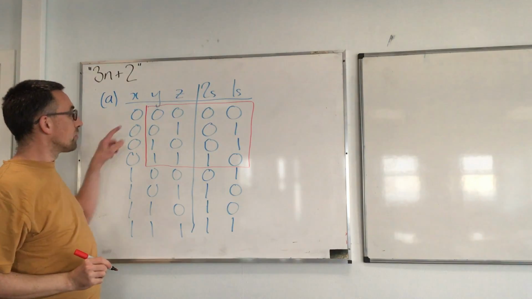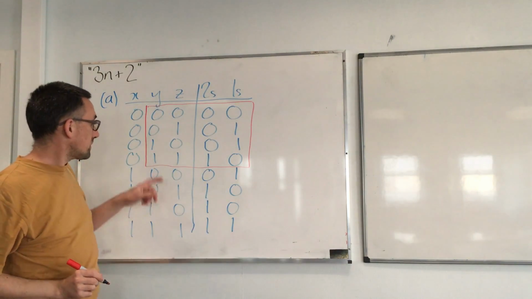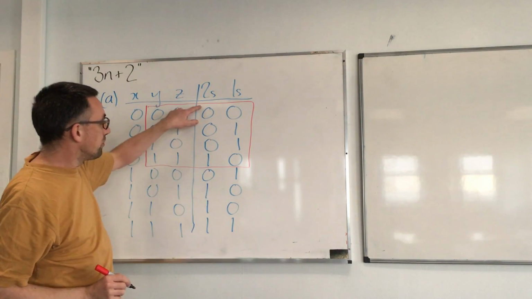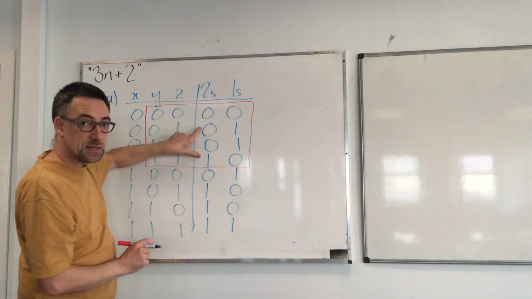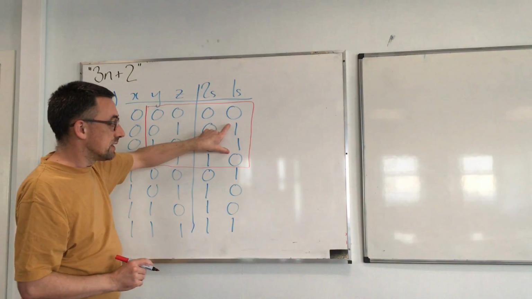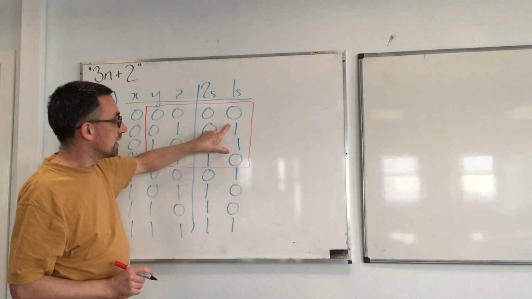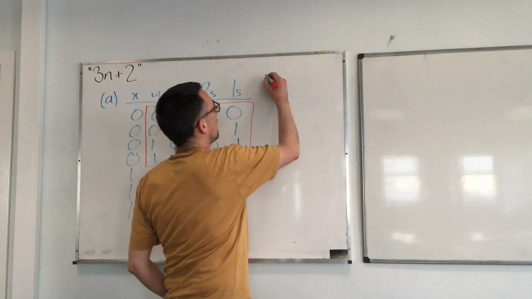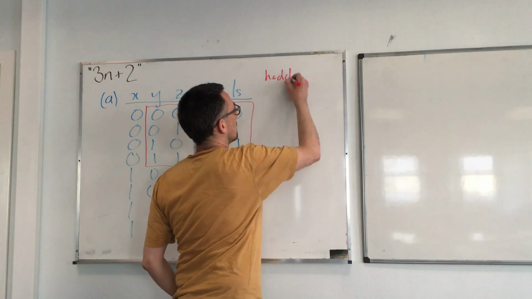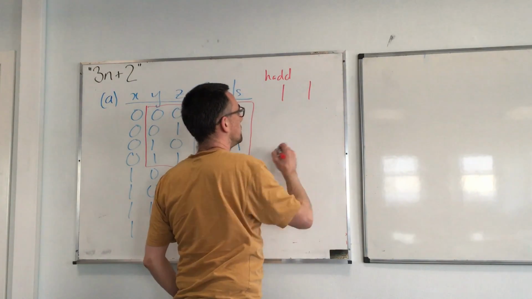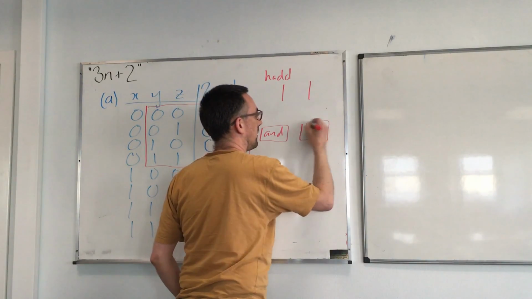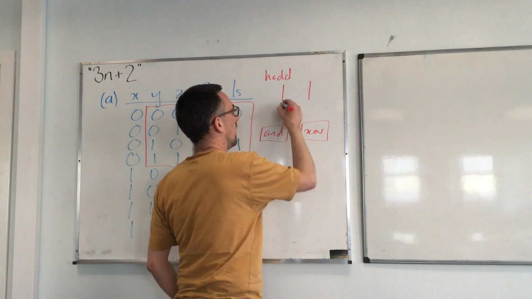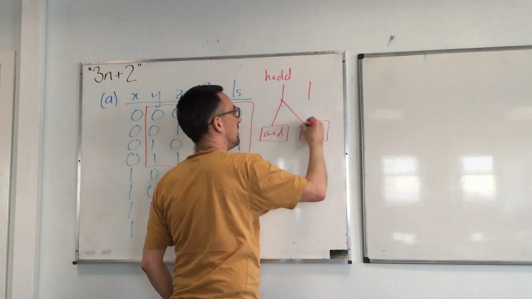It's how to add 0 to 2 more bits. And if we look at the outputs, we see that the 2's is given by AND and the 1's is given by exclusive OR. So we can make a half adder to add 2 bits from AND and from XOR, just feeding the same inputs to both.